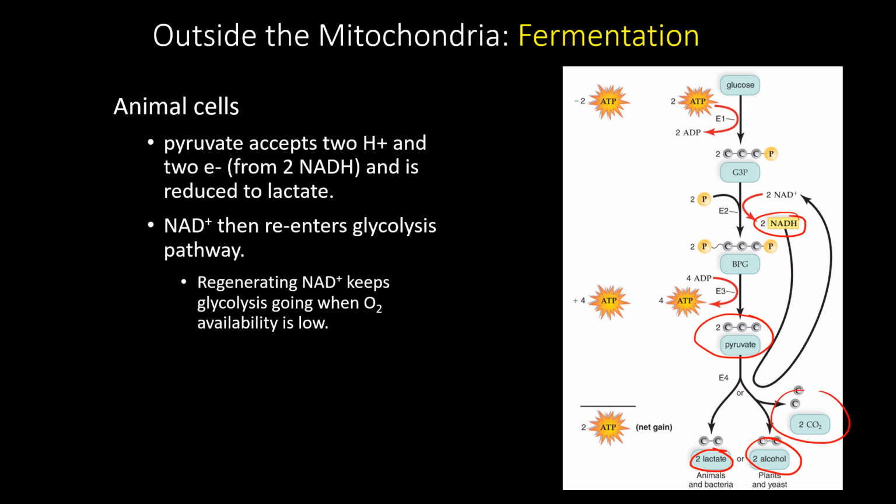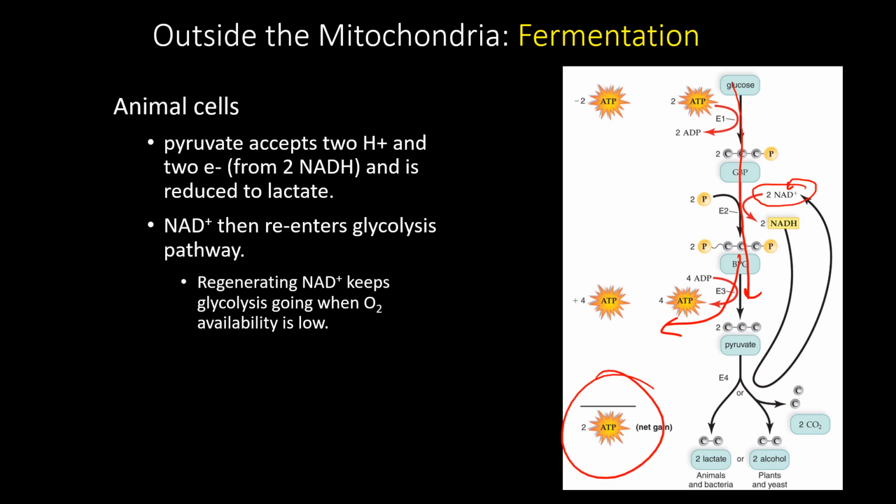And so ethanol fermentation is what we have harnessed to make our beers and wines and ales and all that. Okay, so again, the goal of fermentation is to regenerate the NAD+, so that glycolysis can continue and we can continue to generate this very small paltry sum of 2 net ATPs.